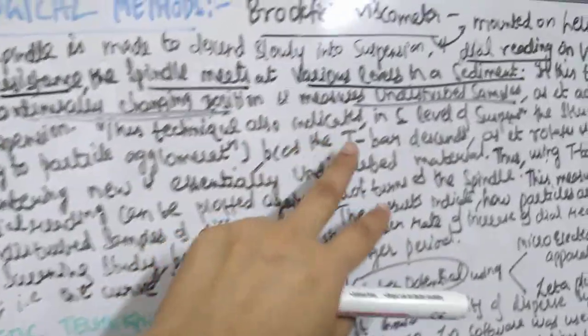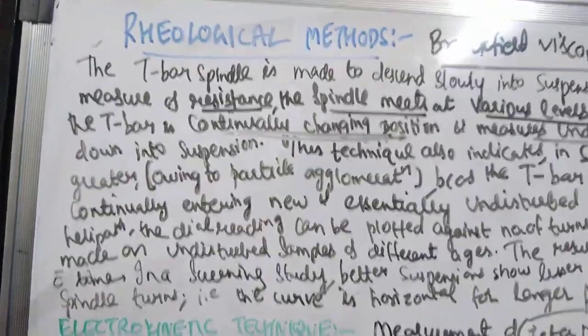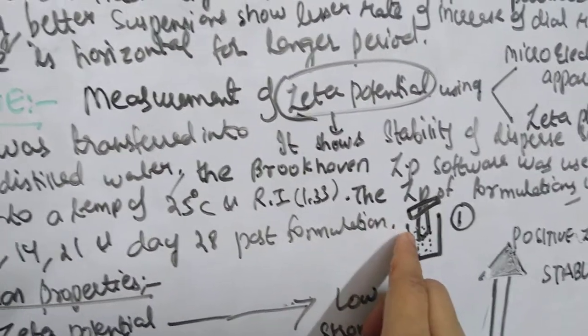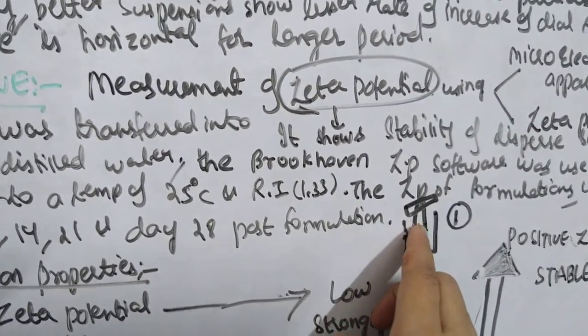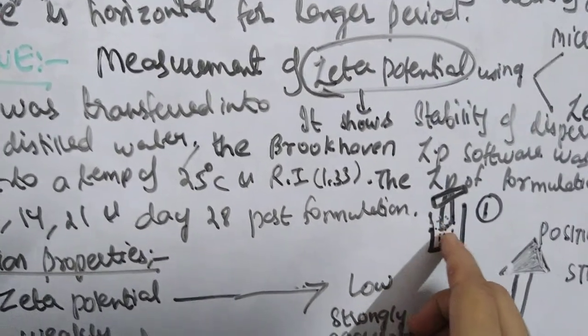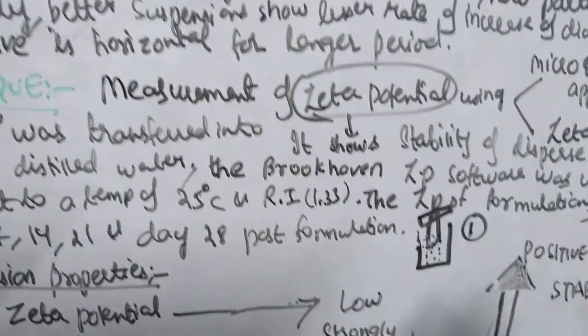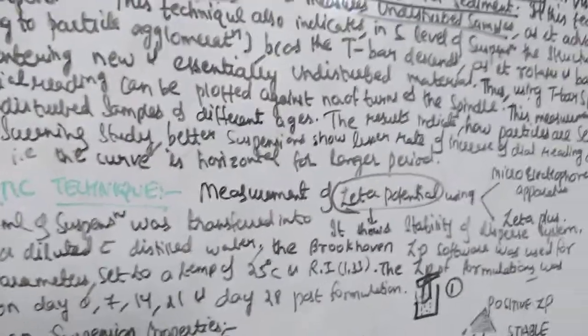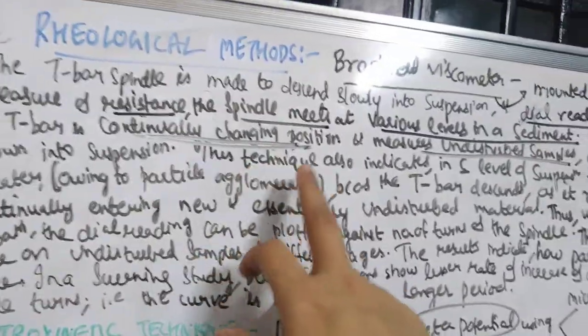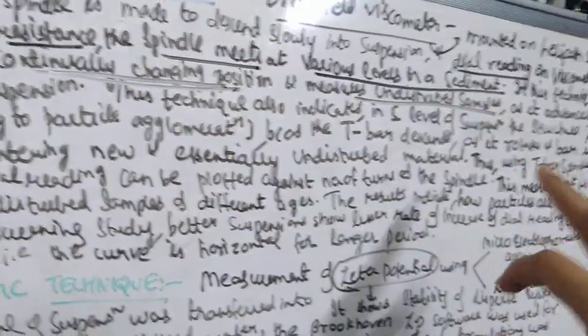This technique also indicates at which level of the suspension the structure is greater, that means the particle structure. Suppose the T-bar spindle is here, where the particles are dispersed, and when it moves down, suppose there is an aggregate of particles. This will show where the structure is high, that means where the structure is greater.